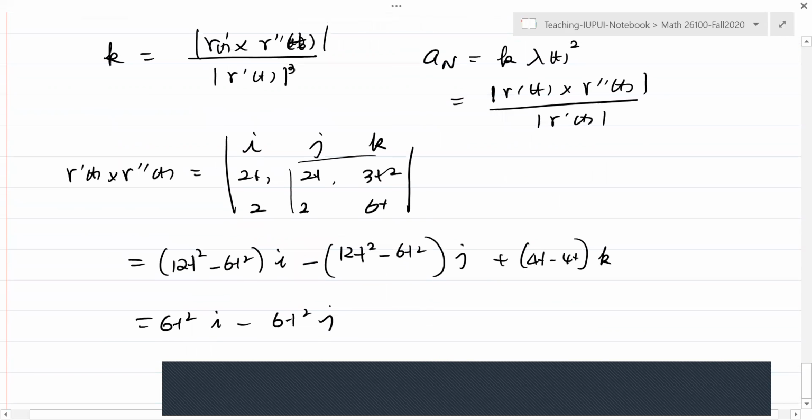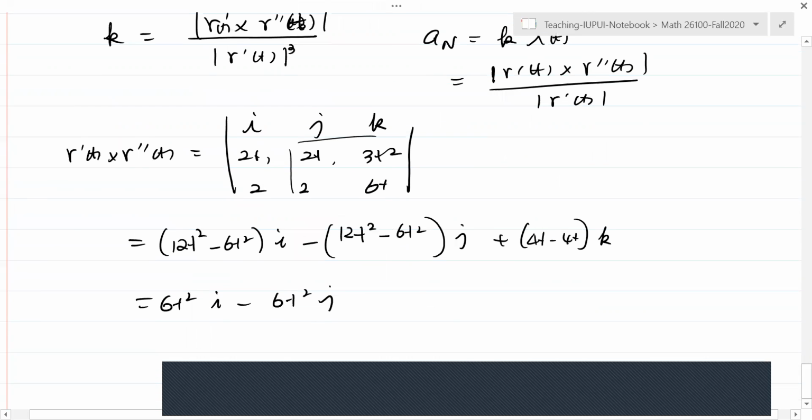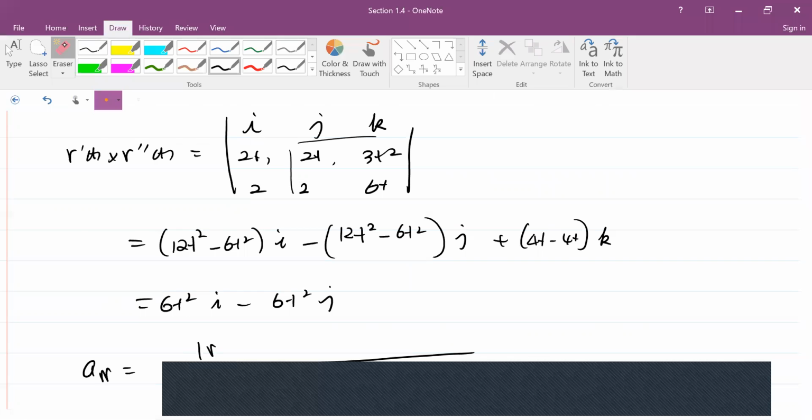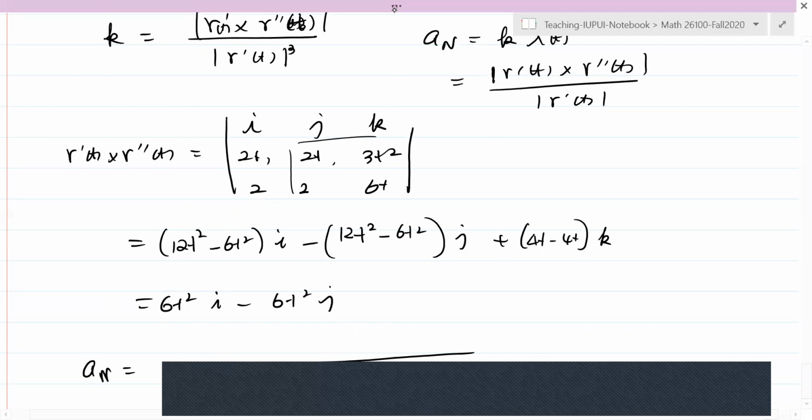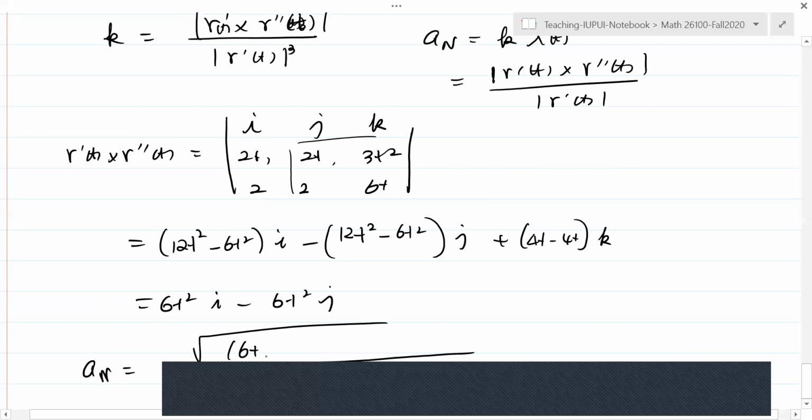I can calculate the curvature, but I just want to find a component. I just need to plug them into the formula as a length. We always say the norm of the vector, not the magnitude. Sorry. Okay, it's going to be the square root of 6t squared squared plus negative 6t squared squared. And what is the denominator? The norm of this vector, right?